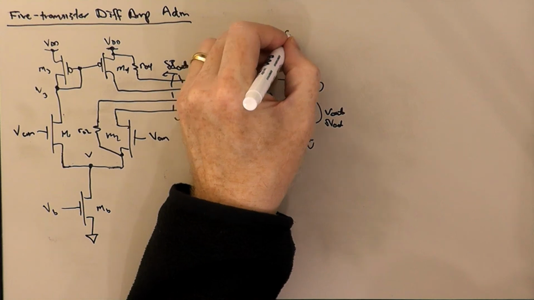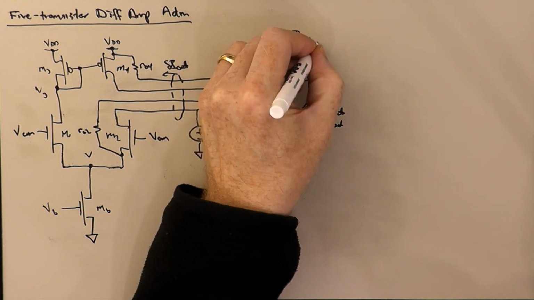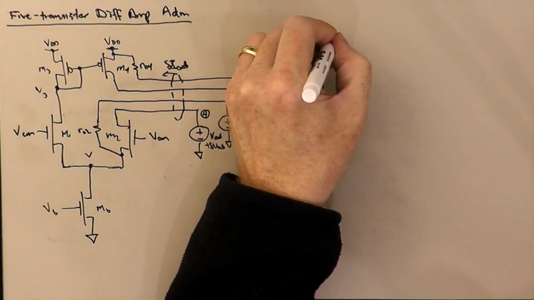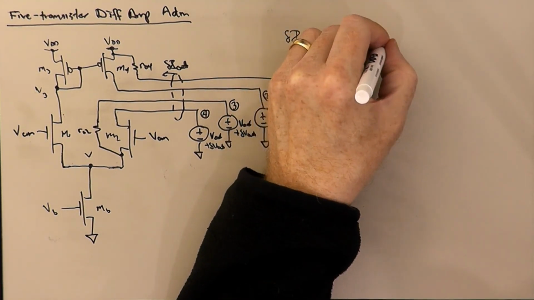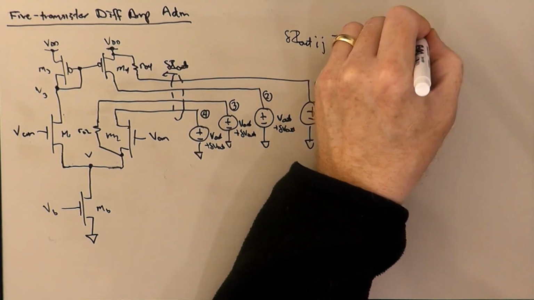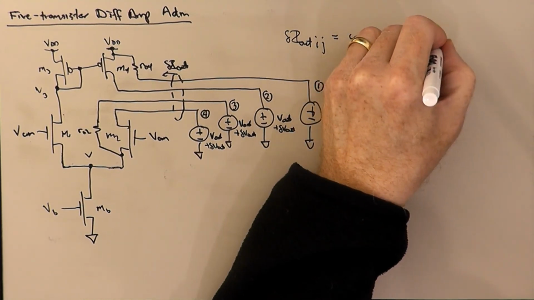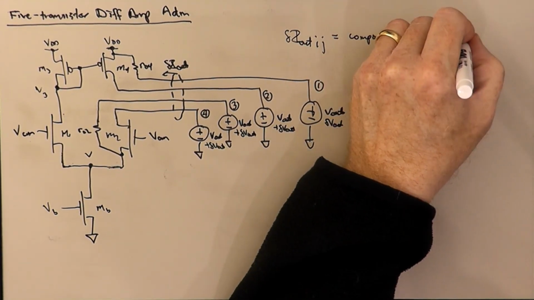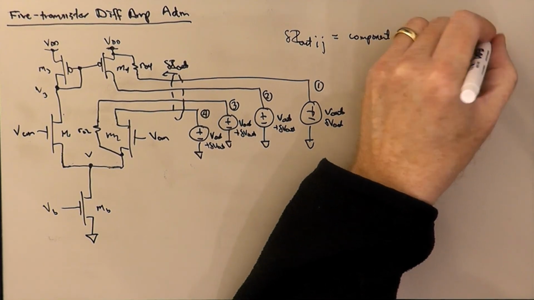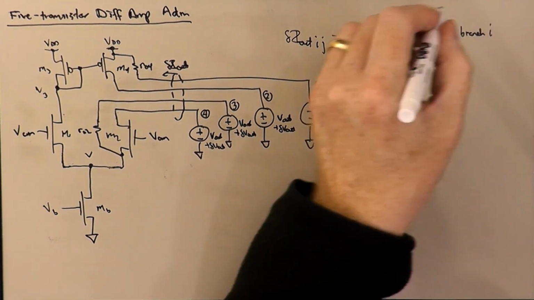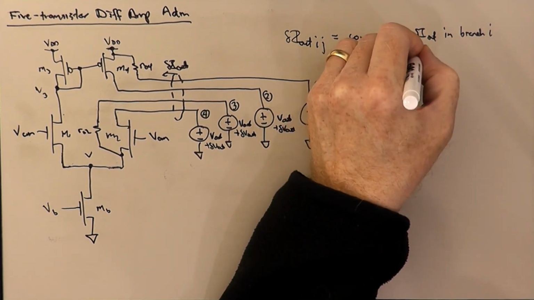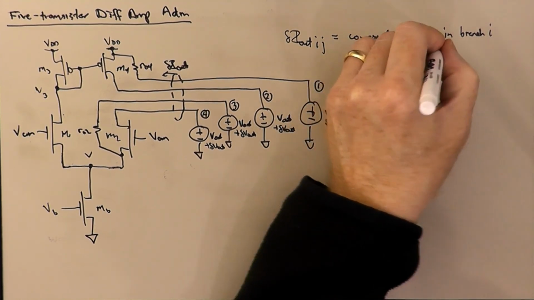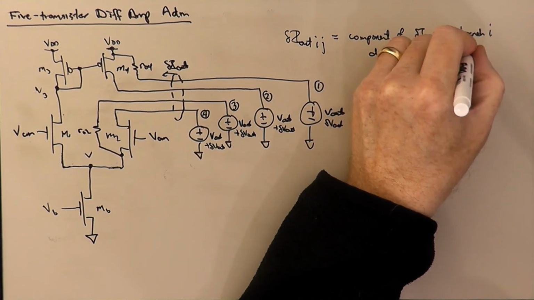So delta I out ij is the component of delta I out in branch i due to replica source j.